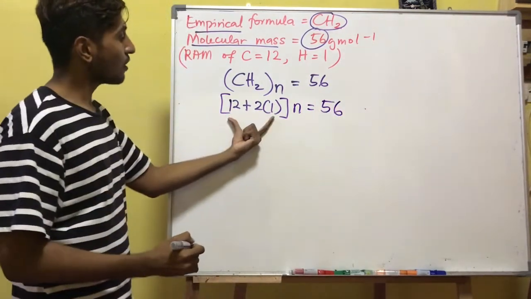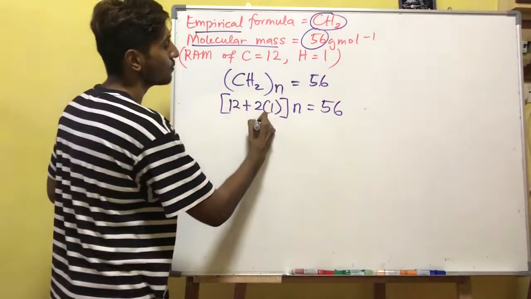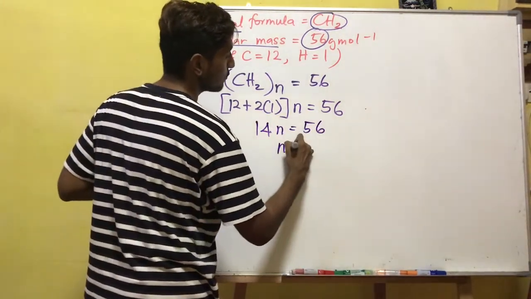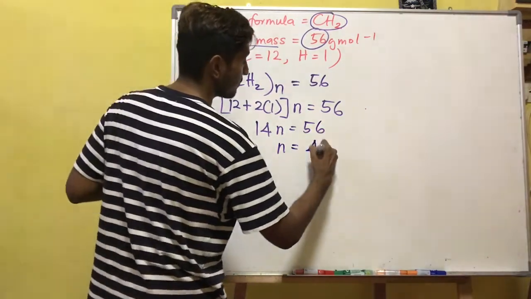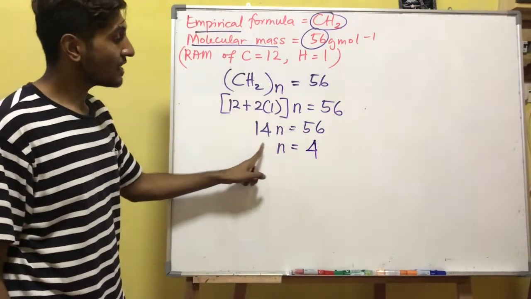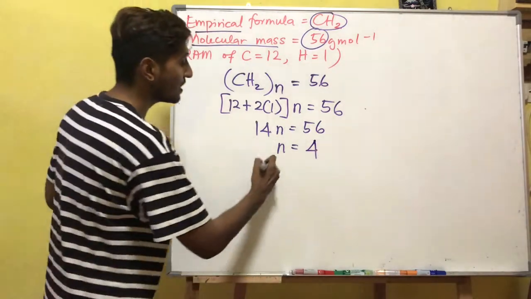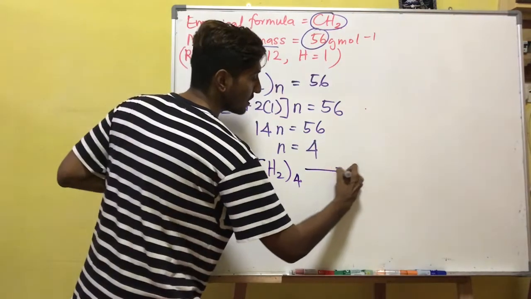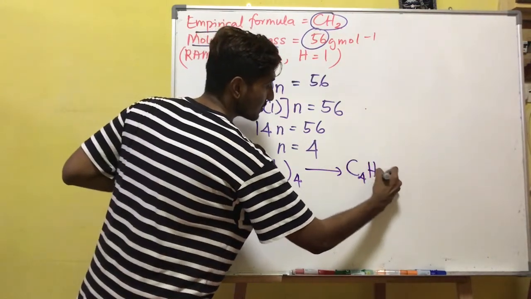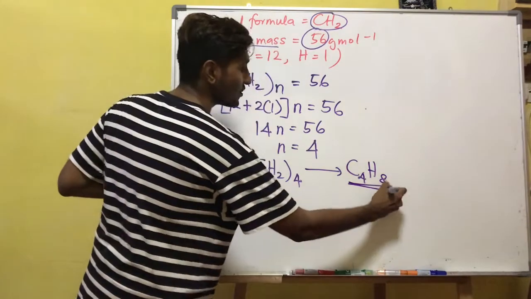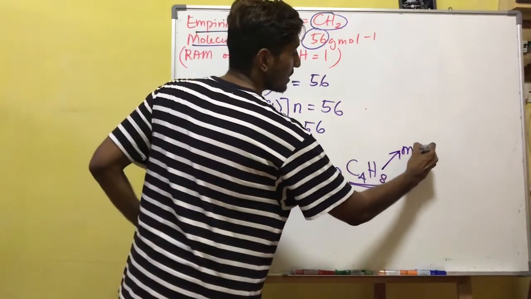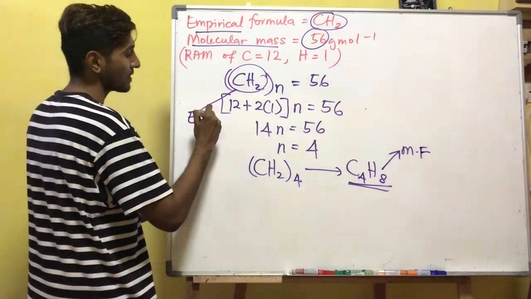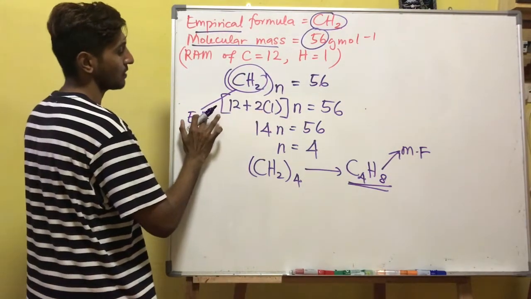Now solve this. 12 plus 2 would give you 14. 14n equals 56. Therefore, n would be 4. When you have n equals 4, CH2 is multiplied by 4, which would give you C4H8. Therefore, C4H8 is the molecular formula, while CH2 is the empirical formula.